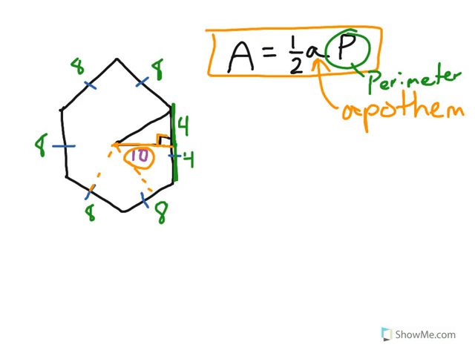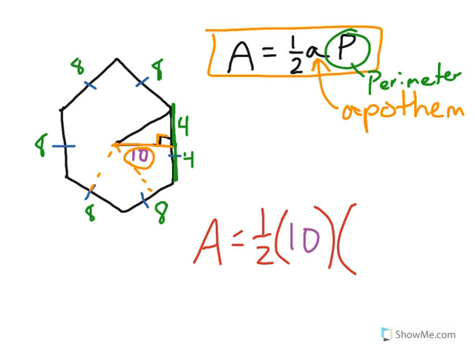So in order to work this formula out, what I need to do is just write out the pieces. 1/2 times the apothem, in this case that's 10. And then I have to multiply that by the perimeter, which is not 8, it's all of those 8s added up. So I have 8 times 1, 2, 3, 4, 5, 6, that's 48.